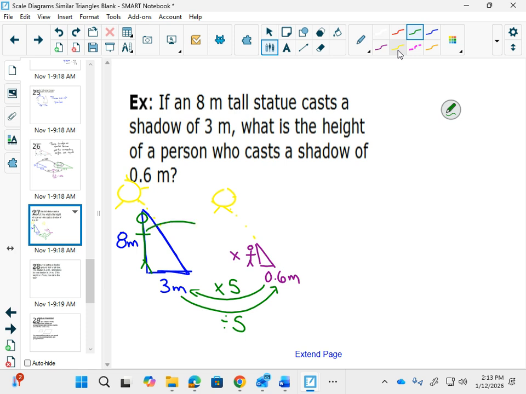So what do I want to do if I'm going from here to here? Would I multiply or would I divide? Multiply. 8 divided by 5. The person is 1.6 meters tall.